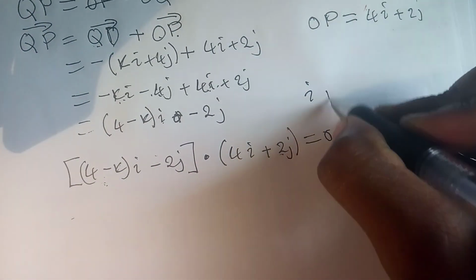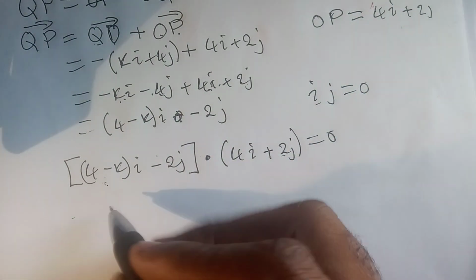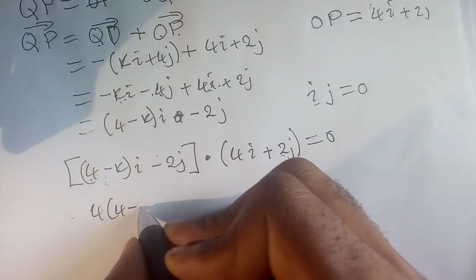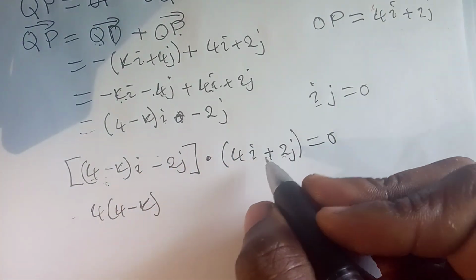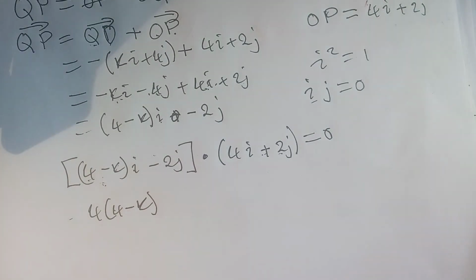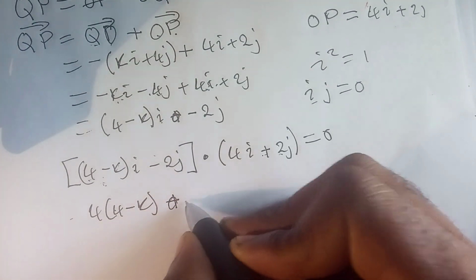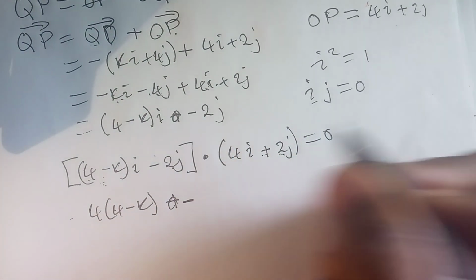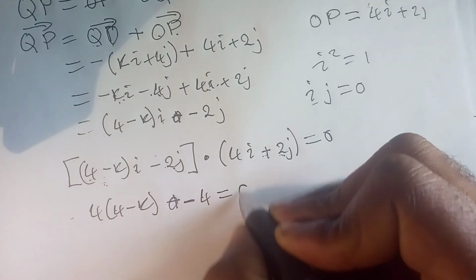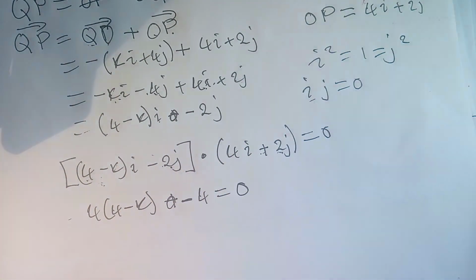Remember, i is perpendicular to j, so when you multiply them, you just get a 0. So this times this will give us 4 times this. Remember that i squared is just a 1. And then negative 2j multiplied by 2j will be negative 4. Remember, j squared is equal to 1.